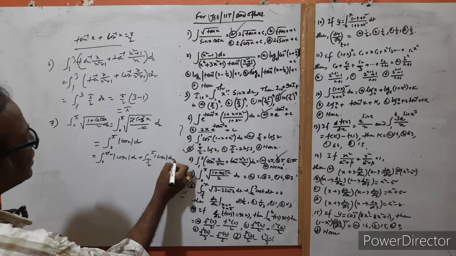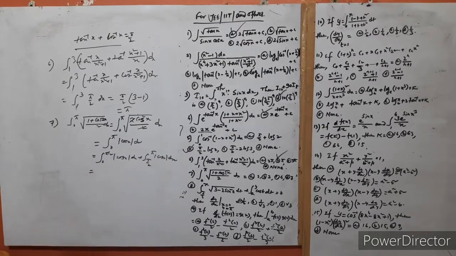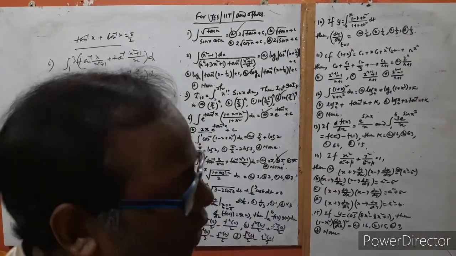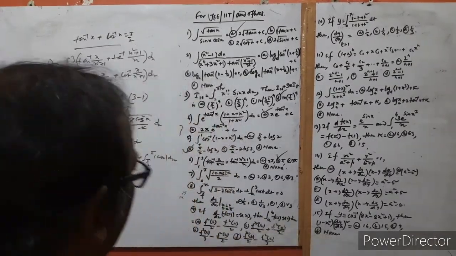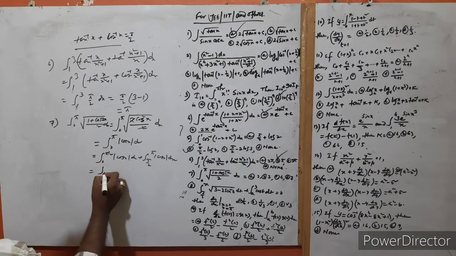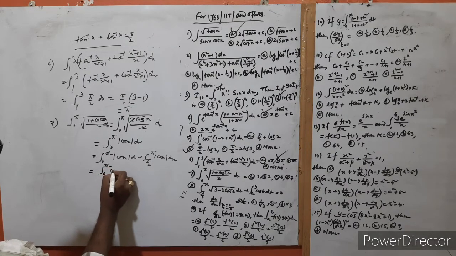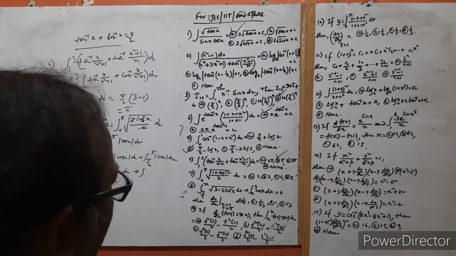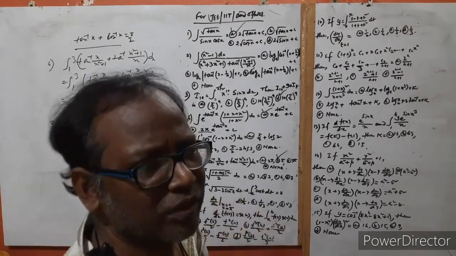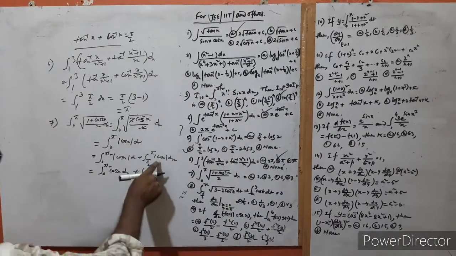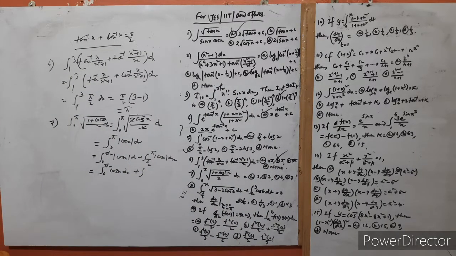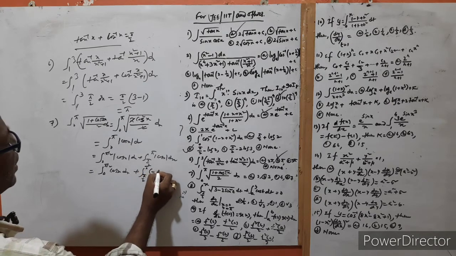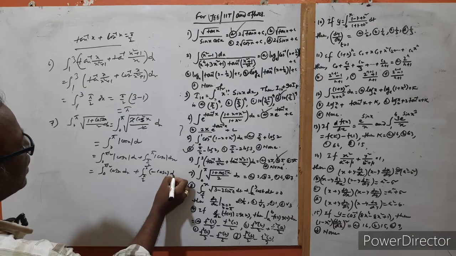In the first quadrant, that is the 'all' quadrant, all the trigonometric ratios are positive, so we can take mod cos x as cos x. In the second quadrant, only sine and cosec are positive, and cos x is negative in that quadrant, so pi by 2 to pi is minus cos x dx.